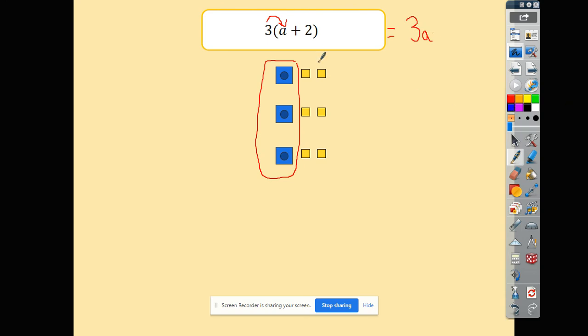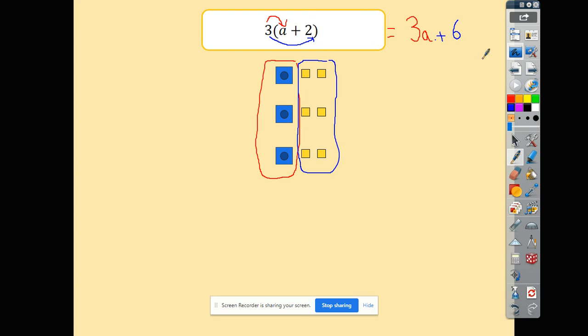And then we're going to have a look at these ones here. So how many have I got in total? Well, I've got 1, 2, 3, 4, 5, 6. So I'm adding 6. We can see that here is 3 times 2 would have given us that 6.